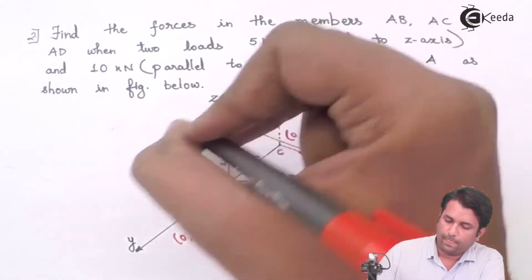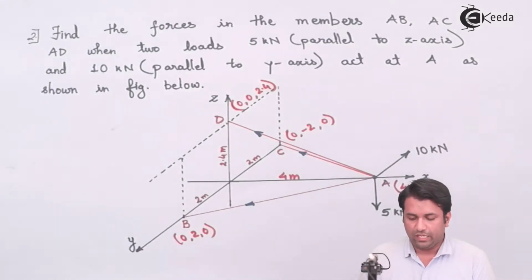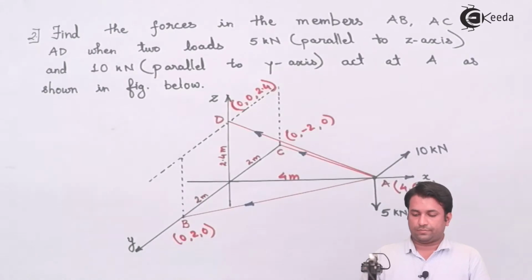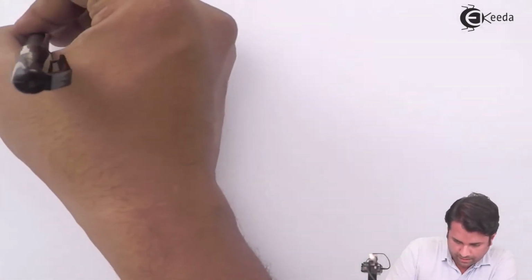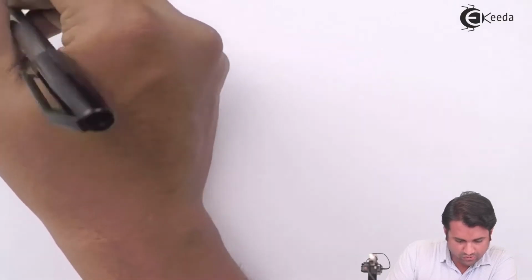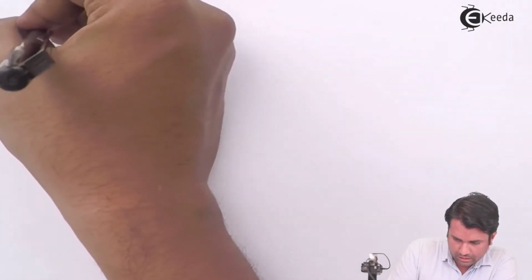2.4. So now once I have got the coordinates, what I need to do is find out the force vectors. The force vector, first I'll take along AB.